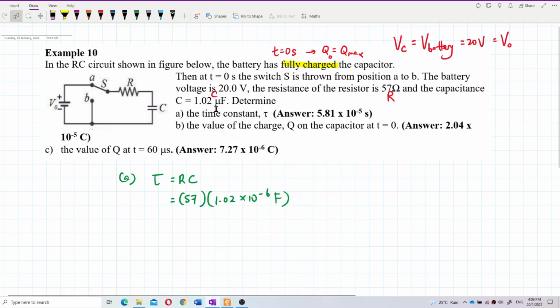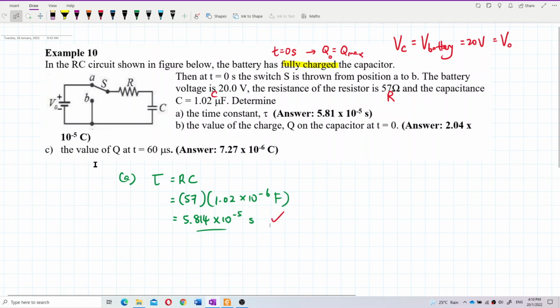Calculating 57 multiplied by 1.02 times 10 to the -6, I get the time constant as 5.814 times 10 to the -5 second. My answer is correct.